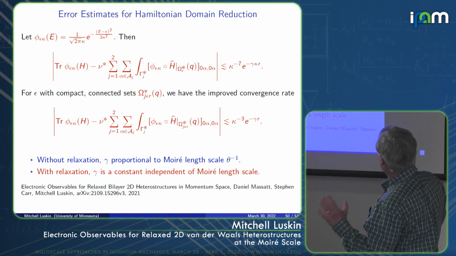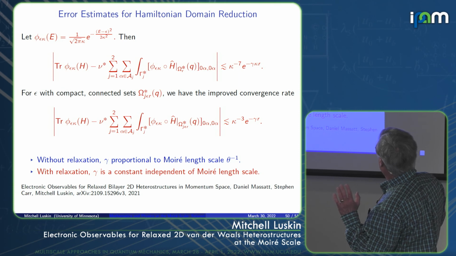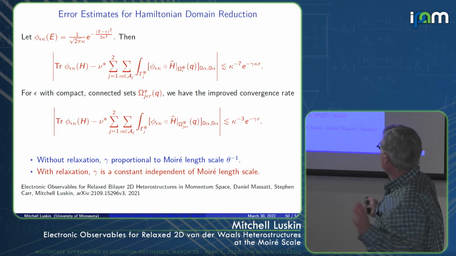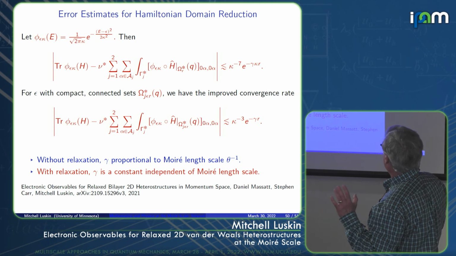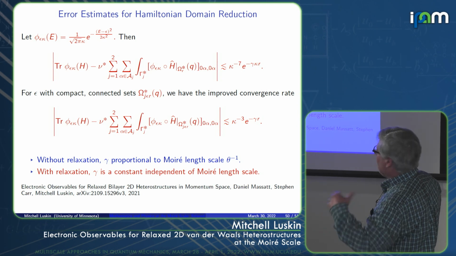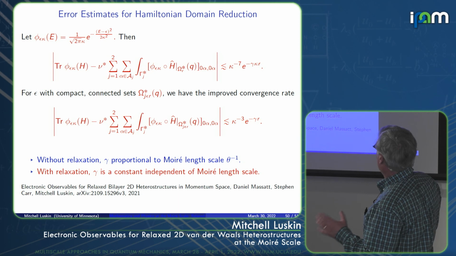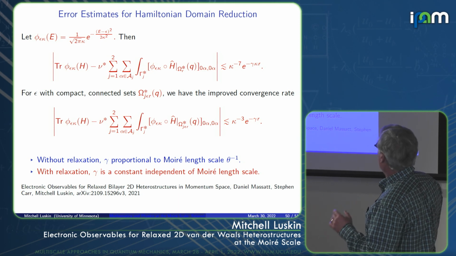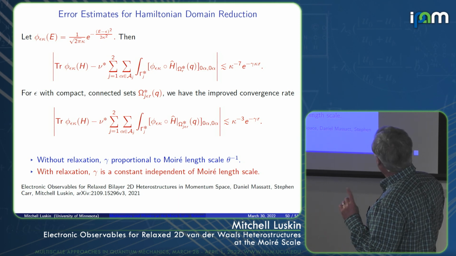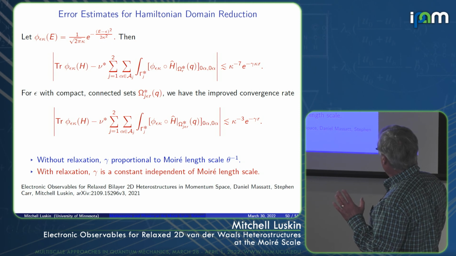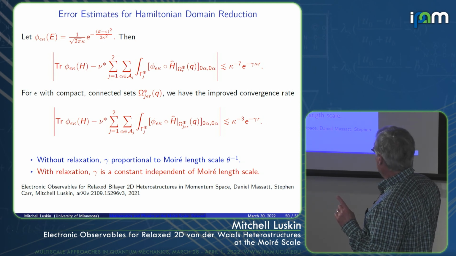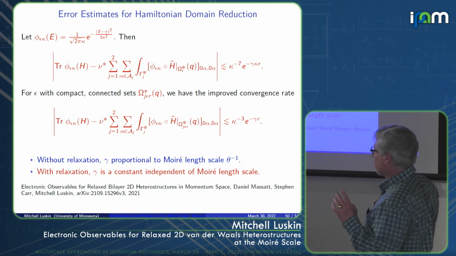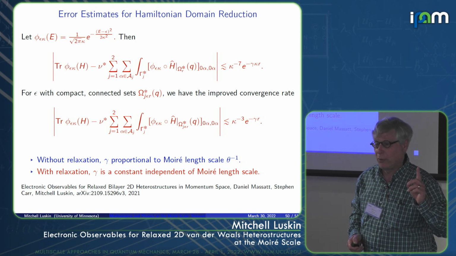Again, the bottom line is here's our Gaussian. In real space, our decay depended on the accuracy. It's no longer dependent on the accuracy when we go to this more sophisticated momentum space method. Our rate of decay gamma, without relaxation, scales like theta to the -1, theta to the 1/2.